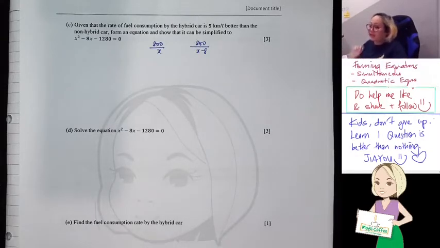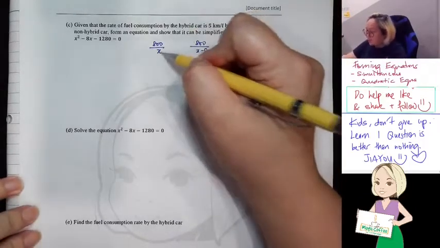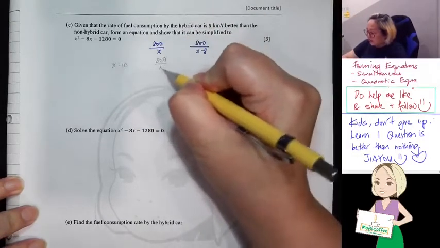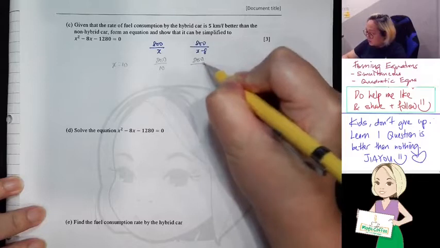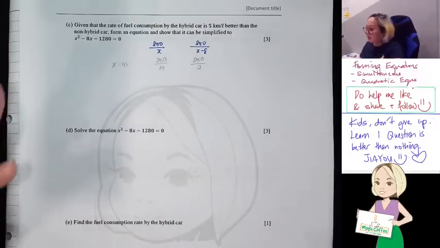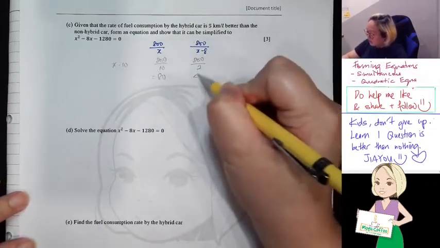Let's say you cannot visualize. Let's randomly put an x inside. Let's say x is 10. Now 800 over 10, and 800 over 10 minus 8, which is 2. Which one is the larger number? 800 divided by 10, or 800 divided by 2?